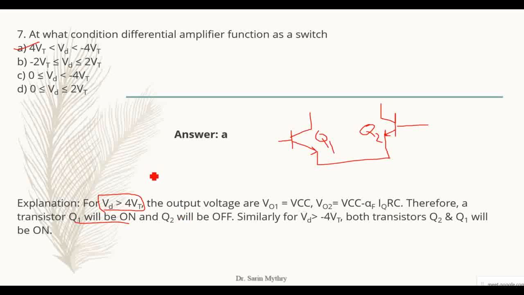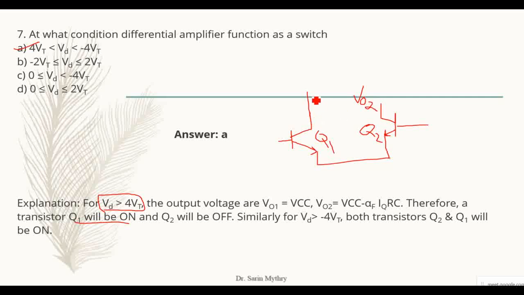So for the condition VD is greater than 4 VT, the output voltage VO1 is equal to VCC, and for the second output voltage we are talking over here, you will be having the two collectors, VO2.